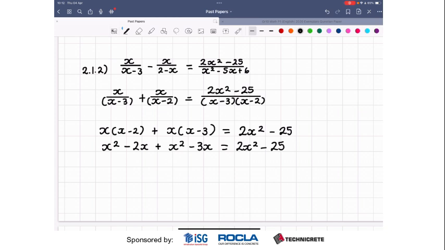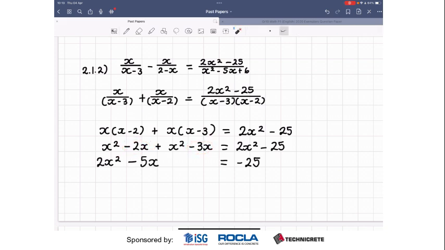Then I'm going to take everything, all of my x's onto one side and all of my numbers onto the other side. So on this side, I'm just going to be left with negative 25. Then here, I'm grouping the like terms, so I've got plus x squared, which is 2x squared. And then I've got minus 2x minus 3x, which is minus 5x.